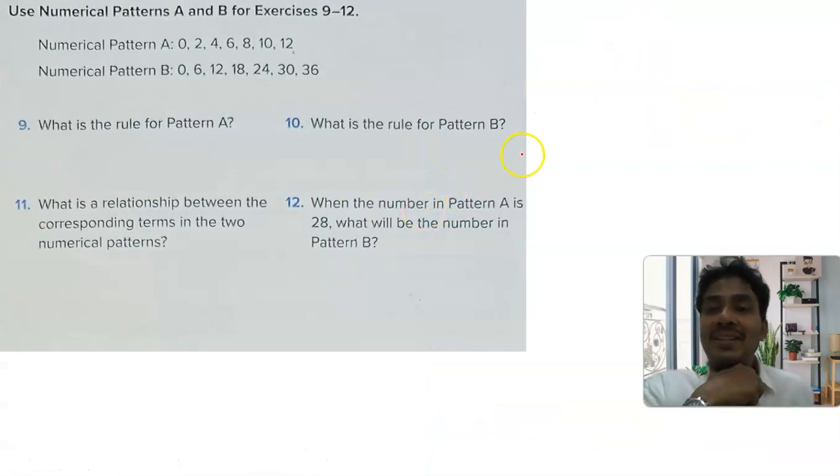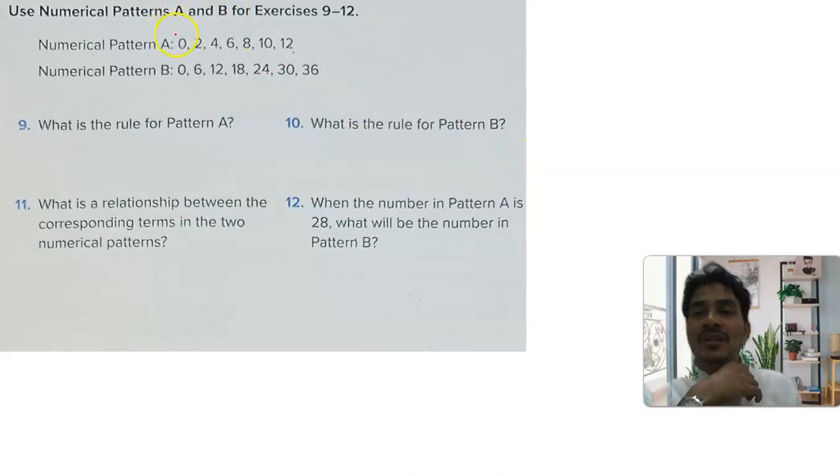Use numerical patterns A and B for exercises 9 to 12. So as you can see, in numerical pattern A, the rule is add 2. So the rule is very clear, add 2. Whereas in numerical pattern B, the rule is very clear, add 6.